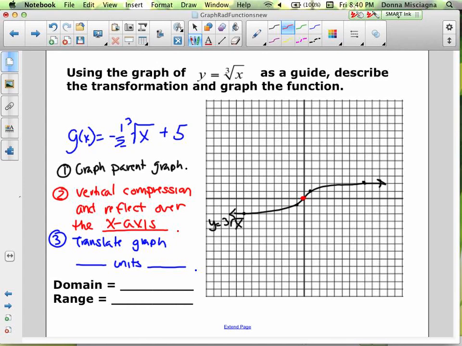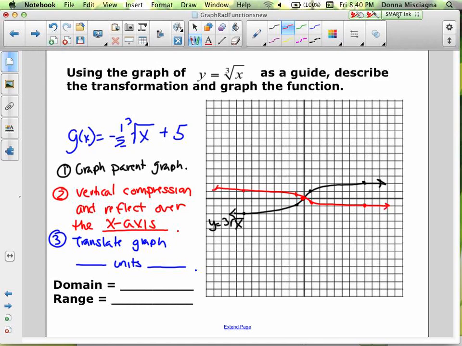The positives are now going to be on the negative side, reflected over the x-axis, and they're half as much. So we get -1/2 and -1. Same thing on the other side, but now we're on the positive side: +1/2 and +1. So our graph has been vertically compressed and reflected.